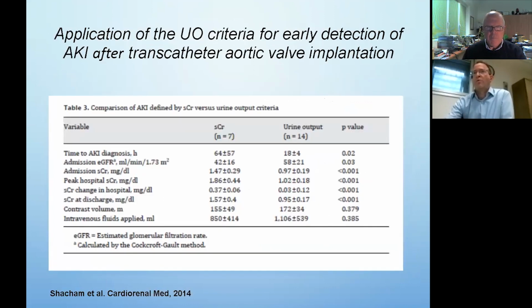Furthermore, when we utilize the urine output criteria, the time course for the identification of AKI is shortened significantly compared to the utilization of serum creatinine criteria itself, and is also associated with less worsening of renal function following the renal insult, and with better renal outcomes compared to patients where AKI is diagnosed wholly on changes in serum creatinine.